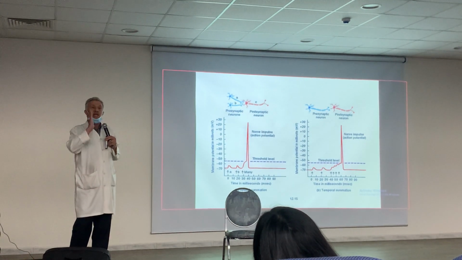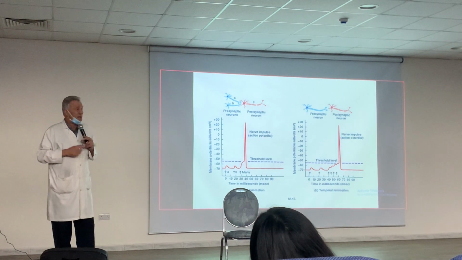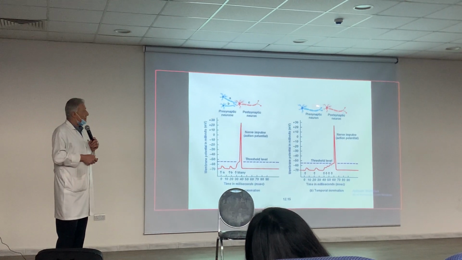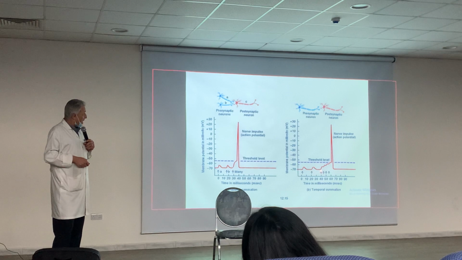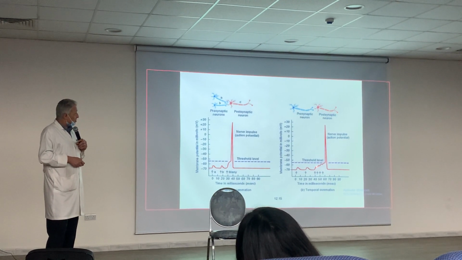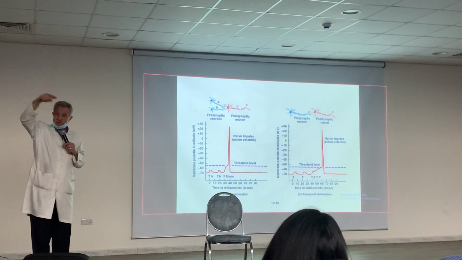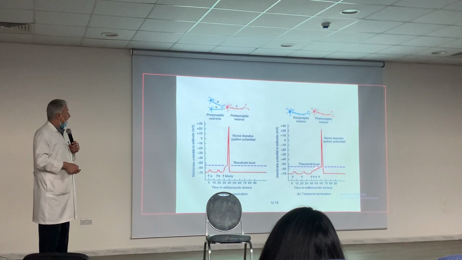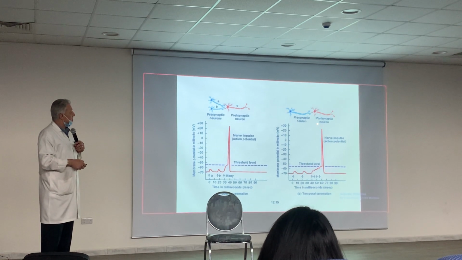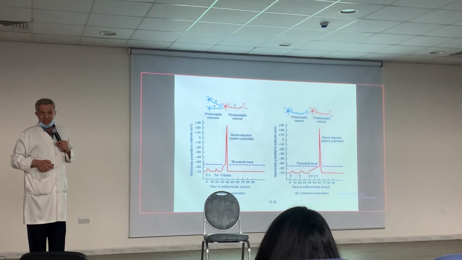Now imagine that you have many stimuli coming one after another from the presynaptic neuron. So you are in depolarization, a second stimulus coming, causing more depolarization, a third stimulus coming, causing more depolarization, and reaching the threshold. Once you have reached the threshold, you are developing an action potential.